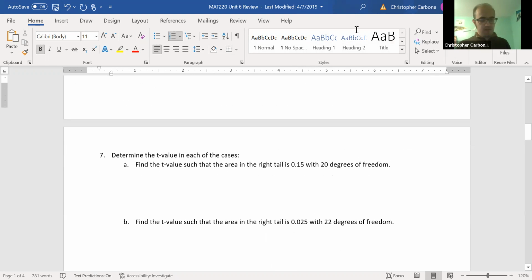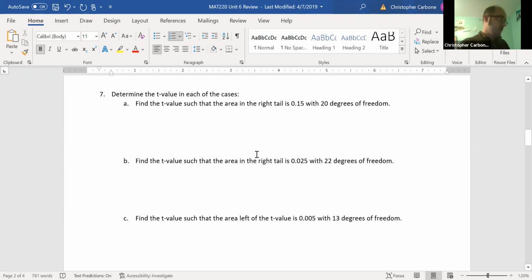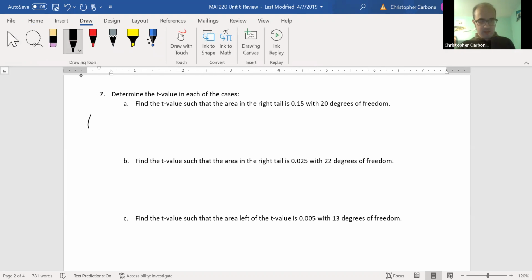So moving along from there, we have question number 7. We want to determine the t-value in each of these cases. So this is the t-value where the area in the right tail is 0.15. This is with 20 degrees of freedom. So this is t sub 0.15.